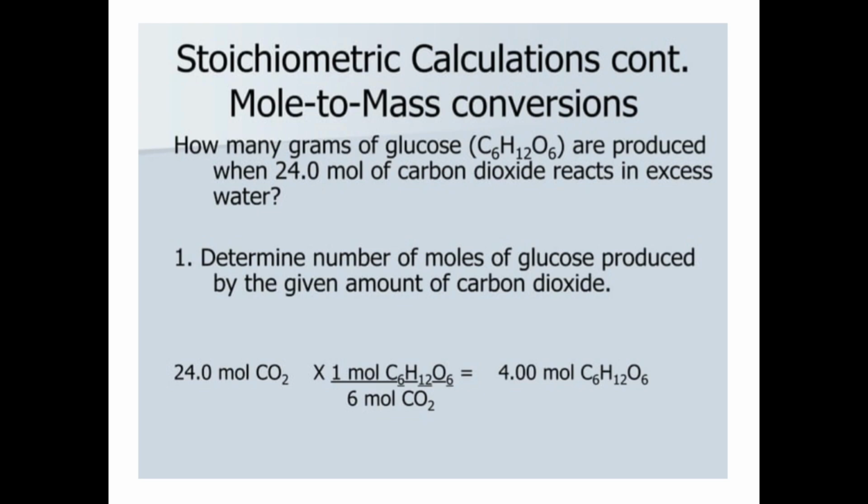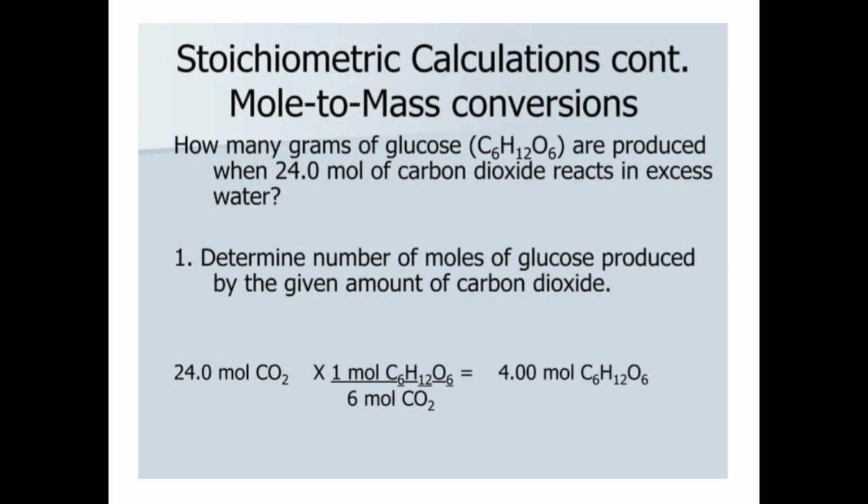That means 6 moles of CO2 reacting with 6 moles of water will give 1 mole of glucose. Now, you have been given the actual mole of CO2, which is 24.0 mole.